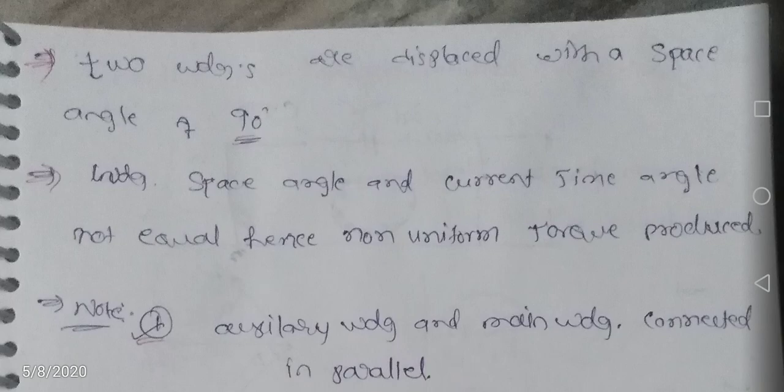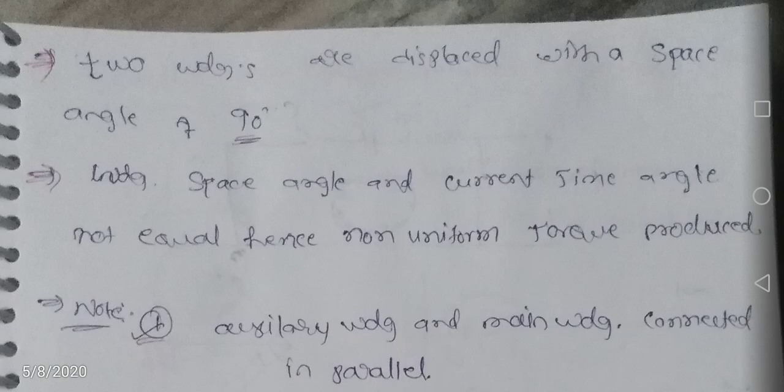Actually, here is the thing we discussed on how to create a rotating magnetic field in the three-phase induction machine. In that class there is a condition that the space angle and the time angle must be equal.